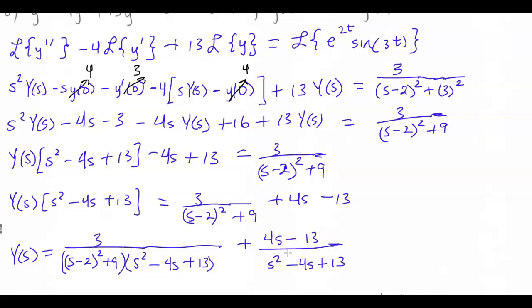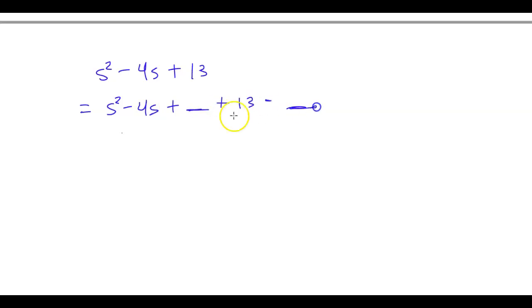And so we could leave our Laplace transform in this form here. However, I'm going to switch pages here. If we look at S squared minus 4S plus 13 here, if we were to do completing the square on this, then of course we know that whatever this term is here, we take it divided by 2.